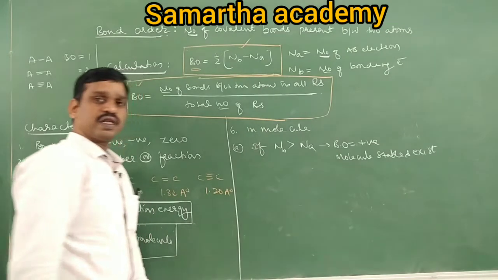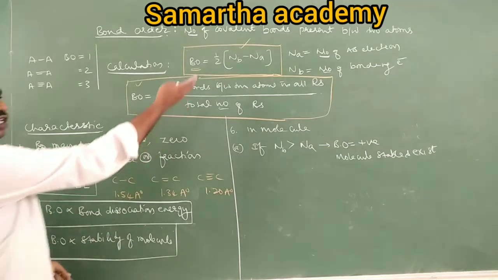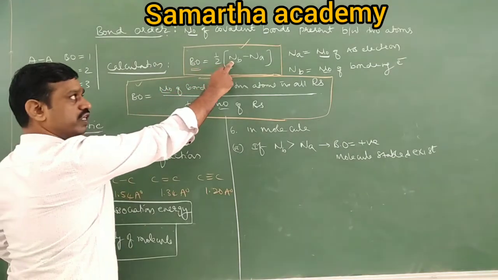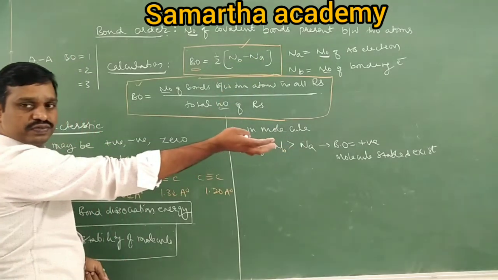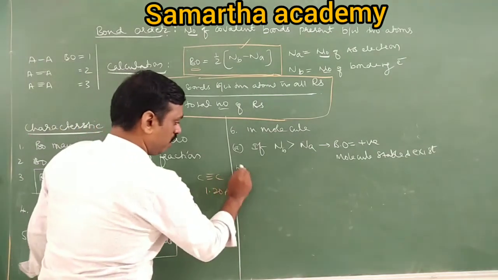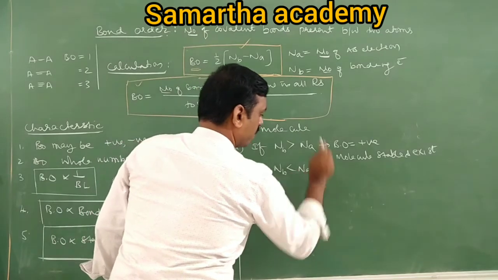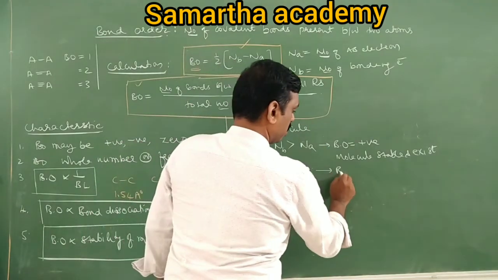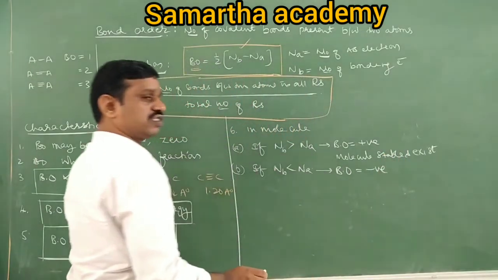It means when bonding electrons are more than anti-bonding, you get a positive bond order. Yes or no? Bonding minus anti-bonding is positive, so the molecule is stable and exists. Similarly, if the number of bonding is less than the number of anti-bonding, then tell me what is the bond order? Bond order becomes negative, molecule is unstable.